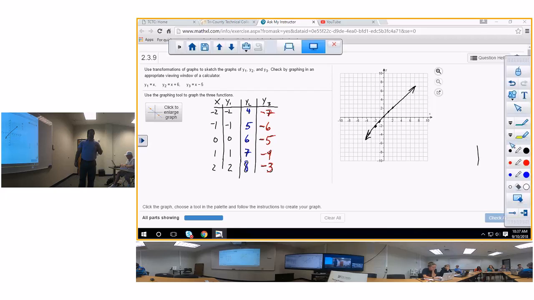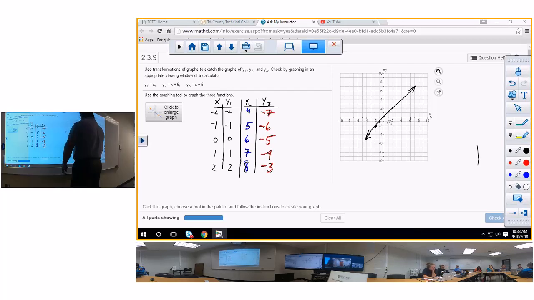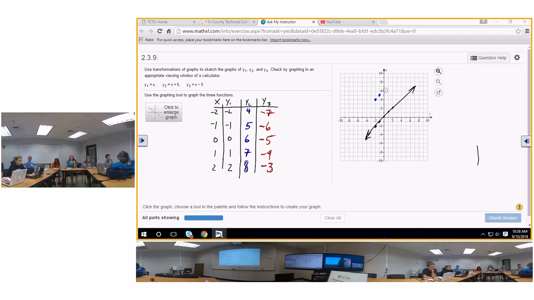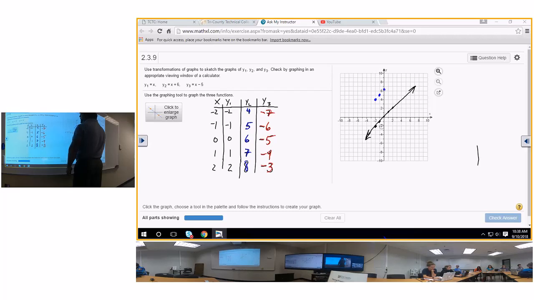My blue line: -2, +4. 1, 2, 3, 4. -1, +5. 0, 6. 1, 7. And so on.